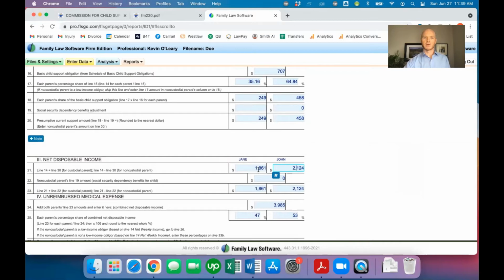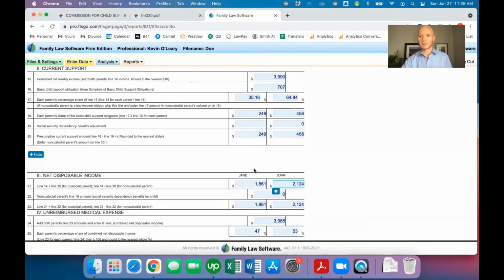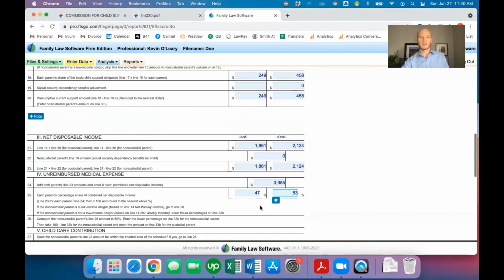So in that scenario, and again, this is calculated automatically by the family law software, but you would take, for Jane, you would divide 1861 by 3990, and that should come out to her having 47% of the net income after child support is paid, and John should have 53% of the net income after child support is paid.